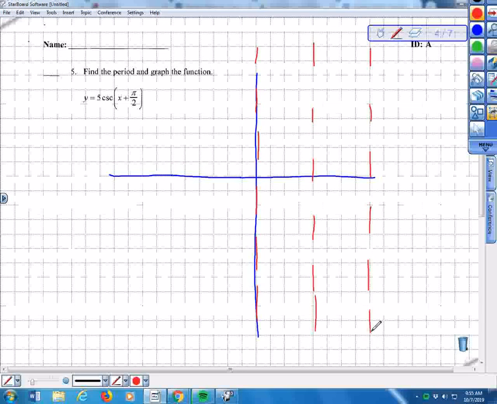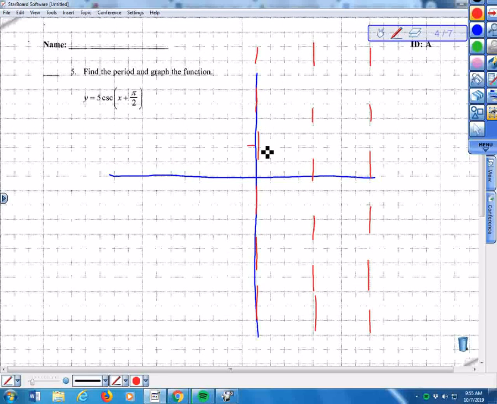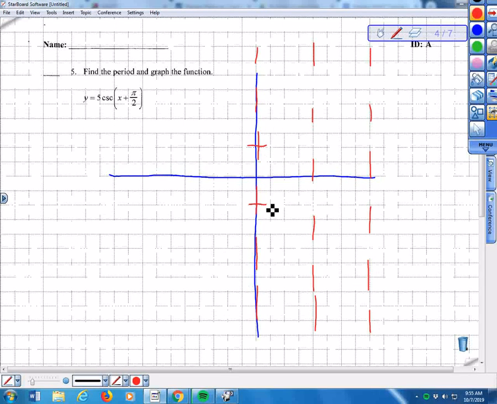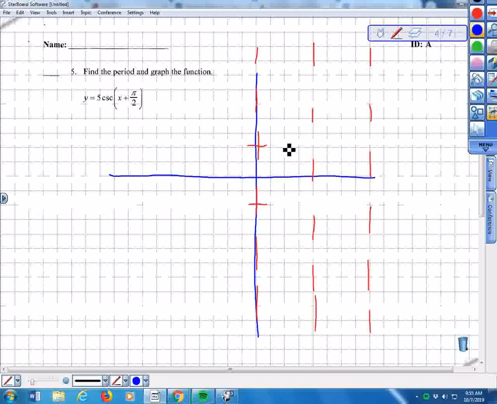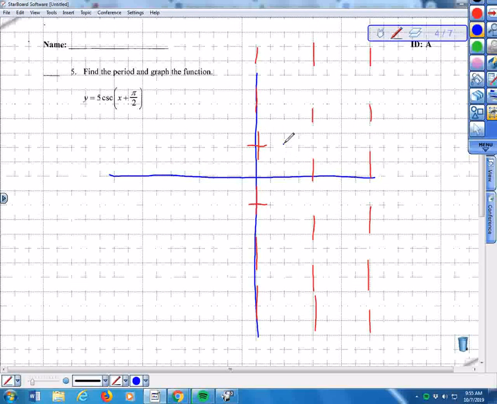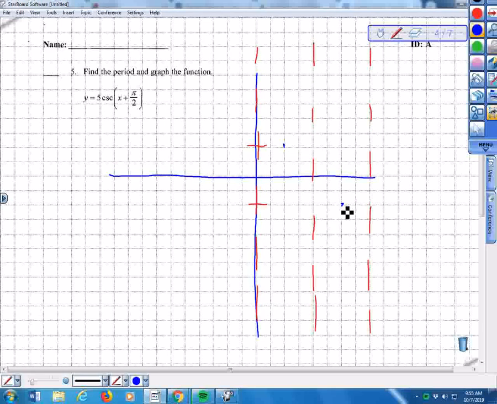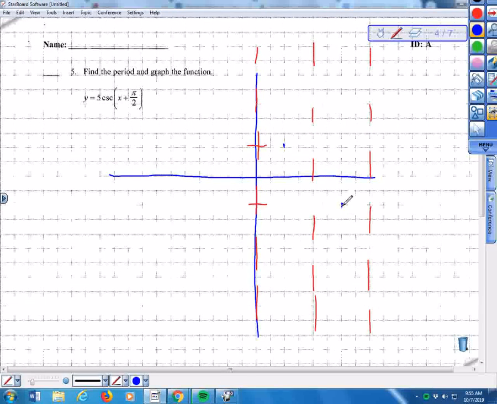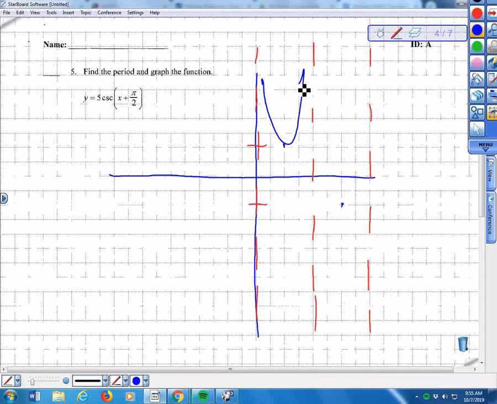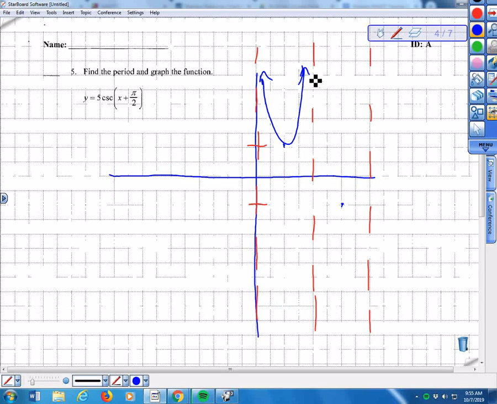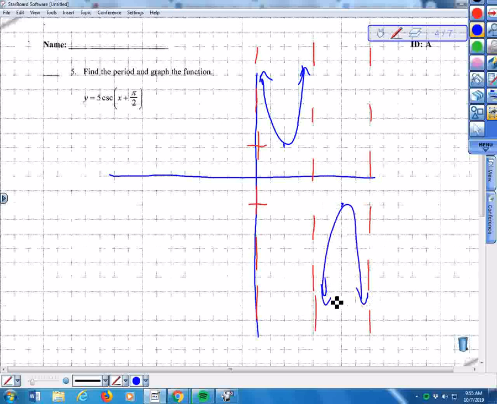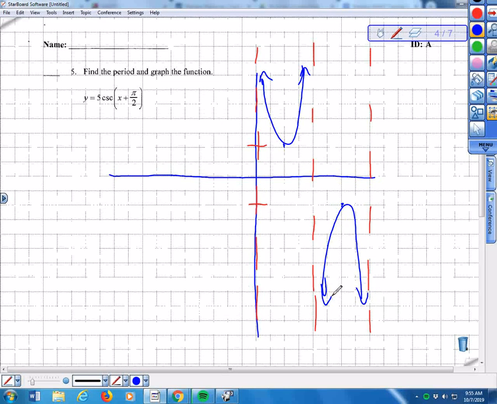Okay, remember, if this is 1, sine looks like this, right? So I'm going to have a point here and then a point here. So my traditional cosecant graph will look like this. But then you got to move it to the left. Yep, so that's my traditional cosecant graph.